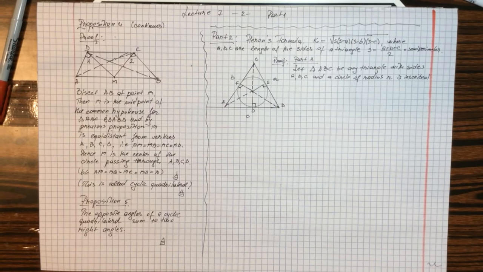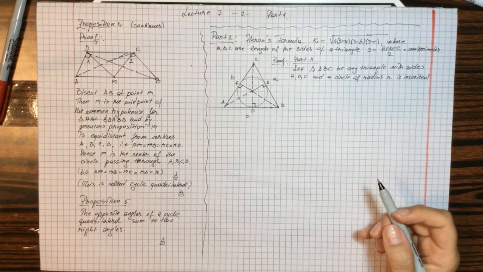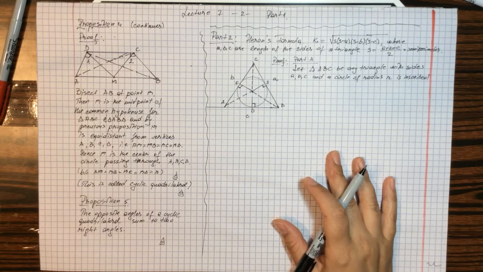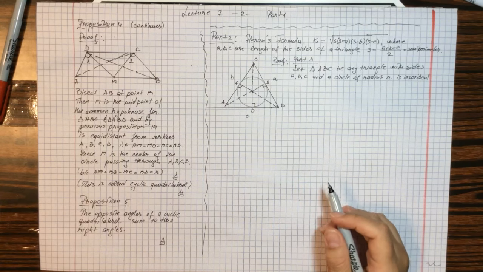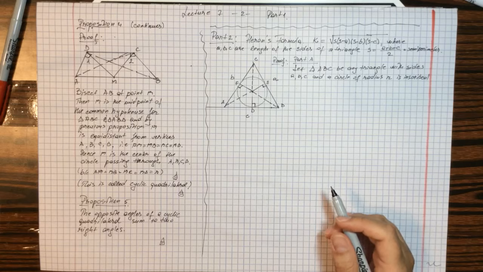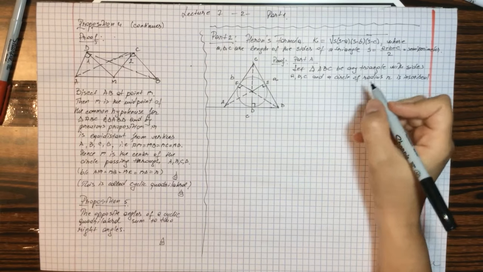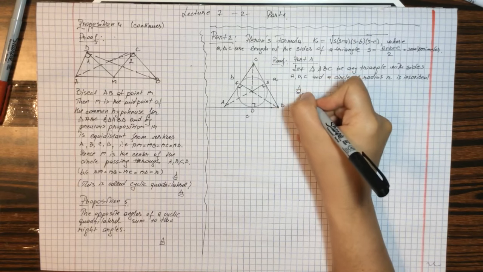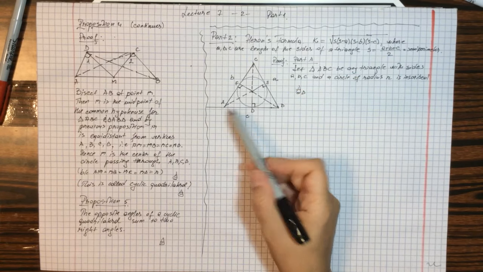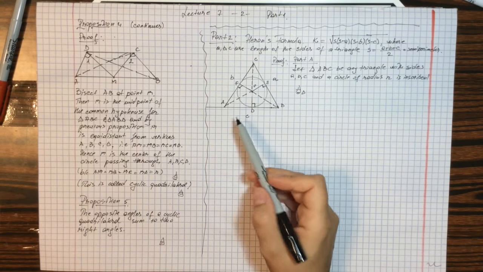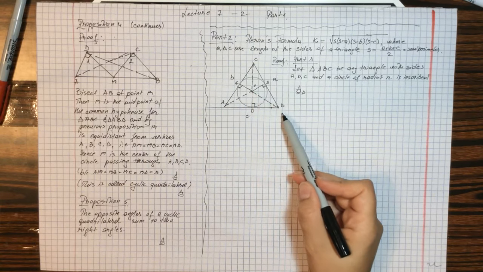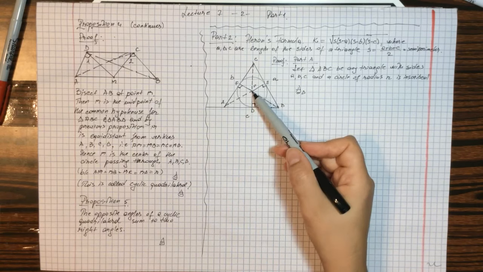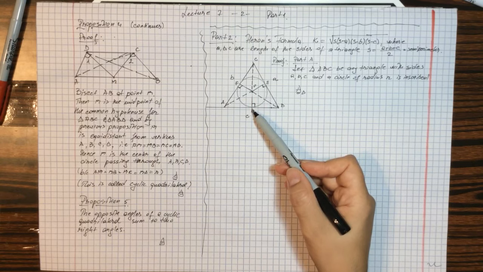Okay, so what do we have? Triangle AOB, the right triangle AOB. What is the area of triangle AOB, where O is the center? That would be the line AB times the height OD, which is the radius of the circle.